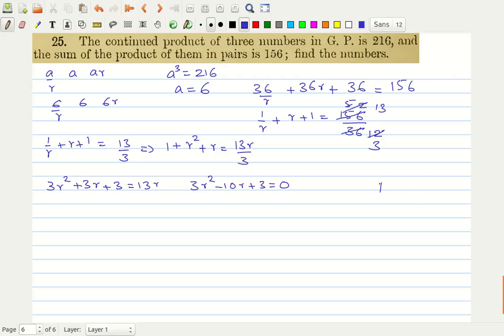Now we have to find two numbers so that the product is 3 times 3 is equal to 9, and sum should be equal to minus 10. So we can have numbers as minus 9 times minus 1.